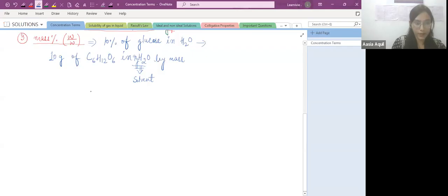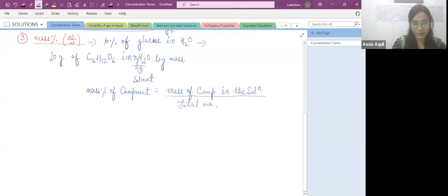So how can you calculate mass percent of any component? The formula for this is mass of component in the solution, divided by total mass of solution.